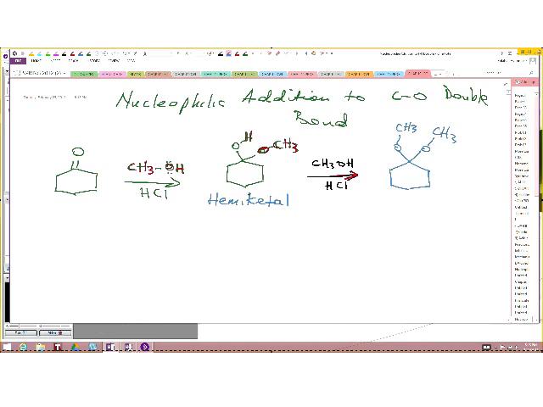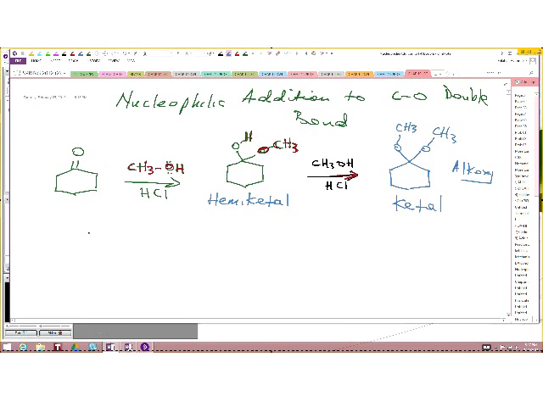So we say this is the hemiketal coming from the reaction of the alcohol with the carbon-oxygen double bond. Now the second product here, we call it the ketal. In the ketal you have two alkoxy groups attached to the same carbon atom, and that carbon atom is also attached to two carbon atoms.